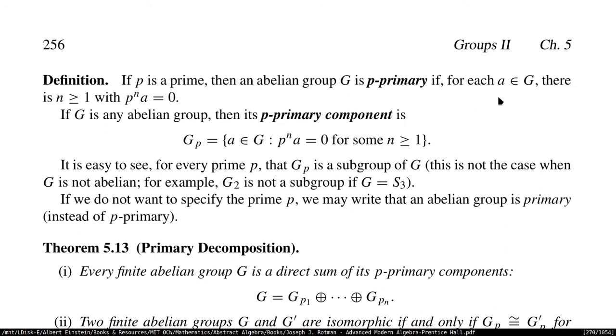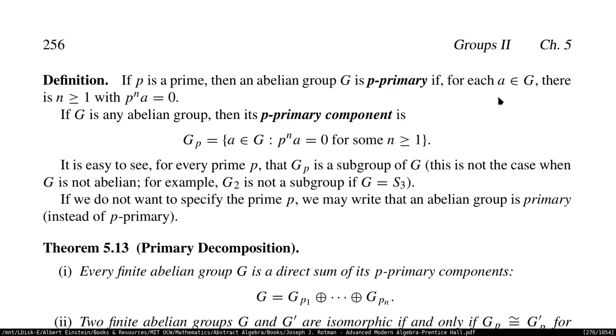If we have a prime P and an abelian group G, then G is P-primary if for each element A in the group there is a non-zero number n such that P^n times A gives you 0, right? So that's a P-primary abelian group.